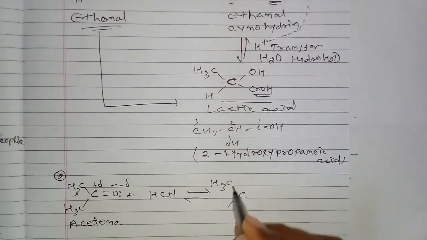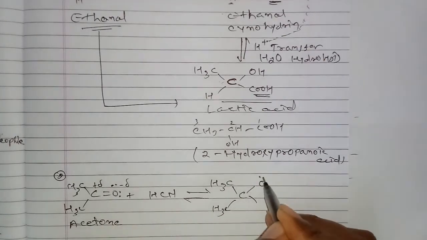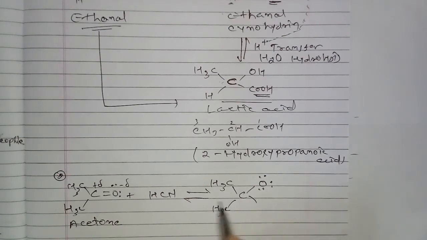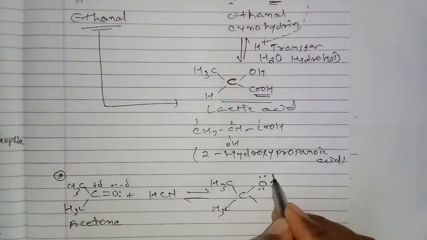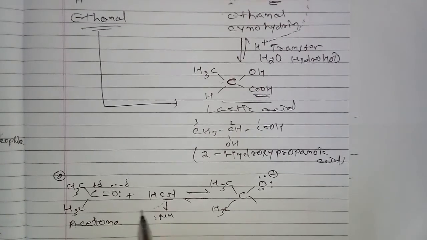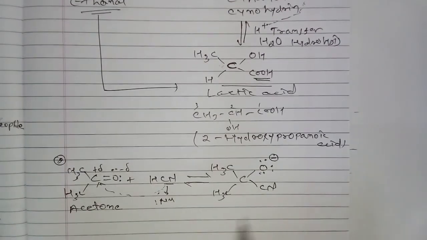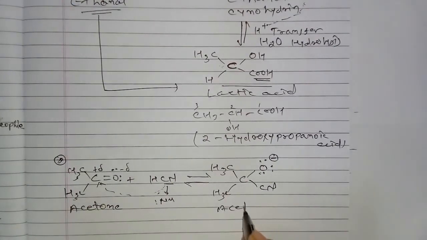Methyl CH3 remains as it is, and this double bond will convert to a single bond, and the oxygen has 3 lone pairs of electrons and a negative charge. This CN will be the nucleophile, which attacks the carbon, and its name will be acetone cyanohydrin.